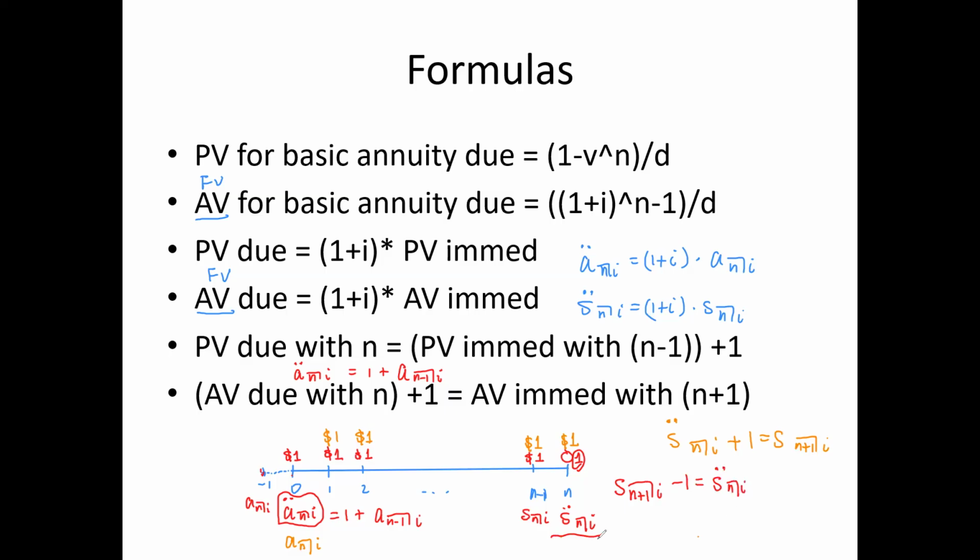Another way to think about this is adding 1: without that $1 you have S double-dot, the future value of annuity due, and you add $1 here and treat these as payments at the end of each time period, then you have S sub n plus 1 angle I. So this plus 1 equals that.